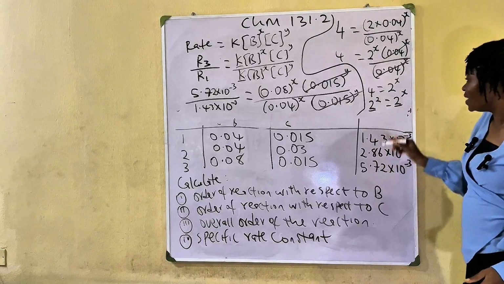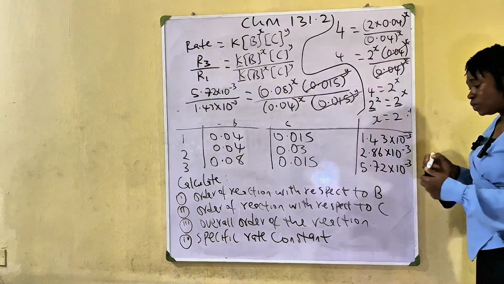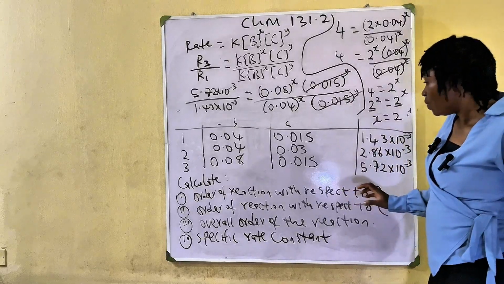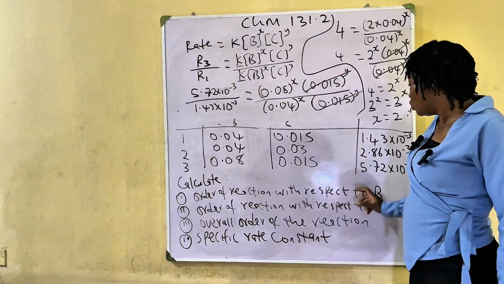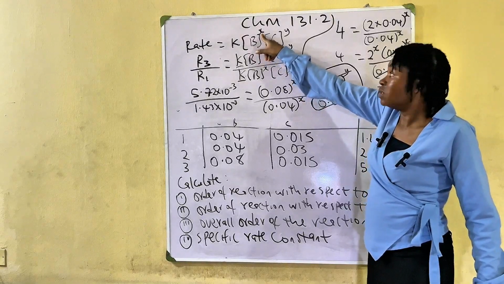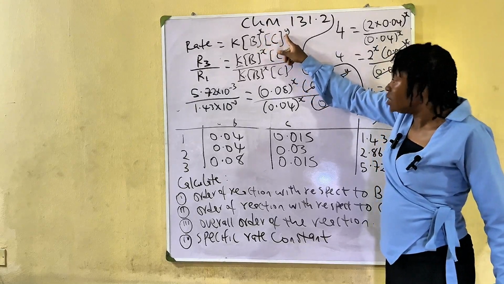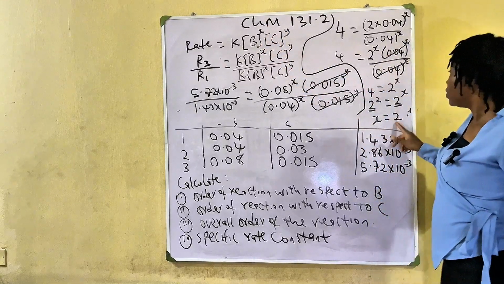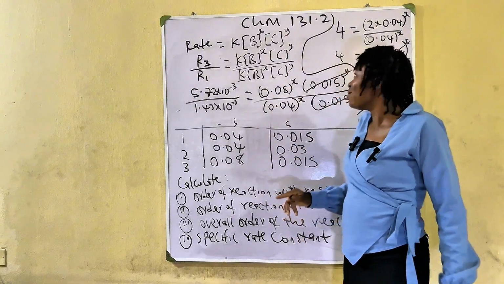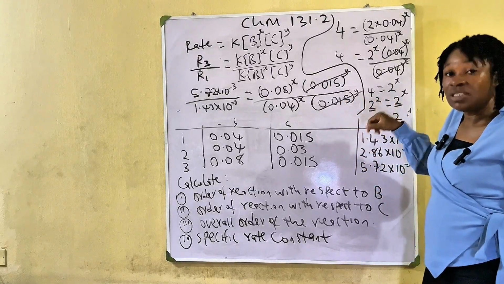So what is the value for our x? 2 is equal to x. So x is equal to 2. It means the order of reaction with respect to B is this x; this is the order of reaction for B, and this is the order of reaction for C. So the order of reaction with respect to B is 2.